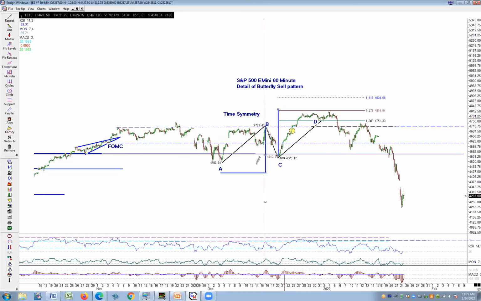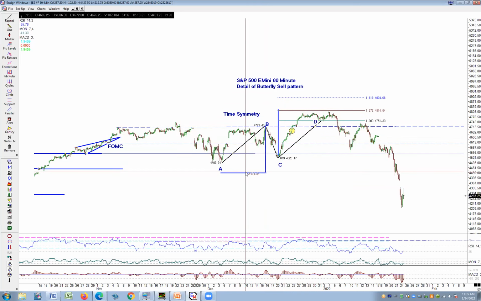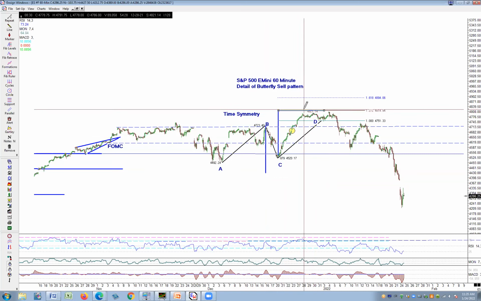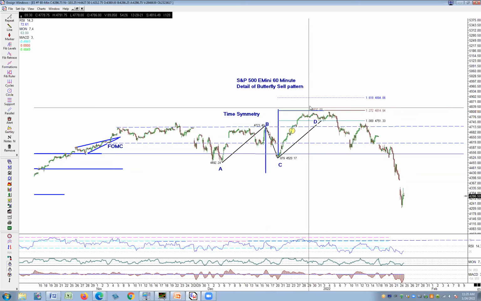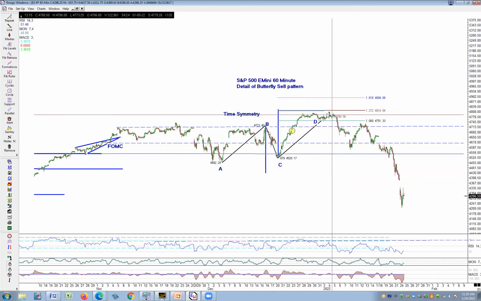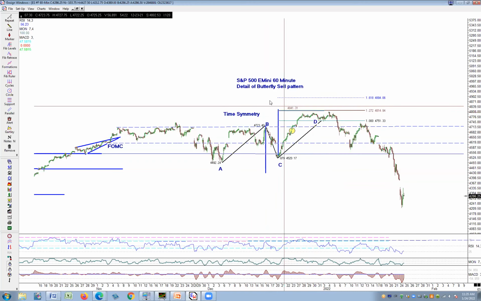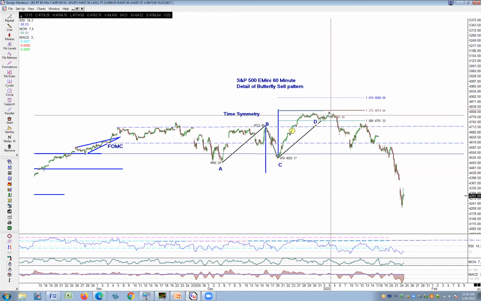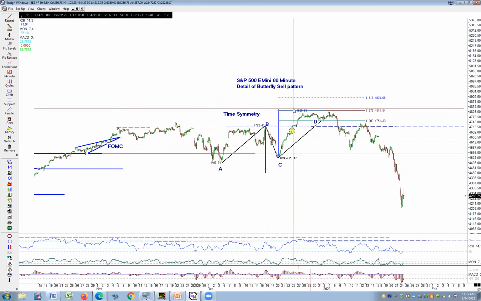But sometimes what you can do is clone that and just move it over. There's your time that it took the AB leg. So sometimes they'll complete right there, but we can also use some fib ratios with our time analysis.